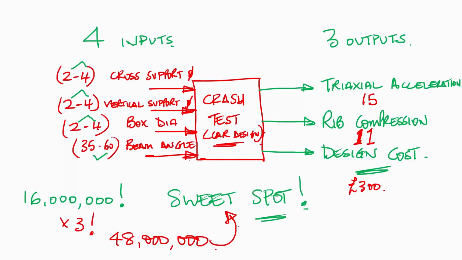Now, for those of you that haven't seen DOE before, exactly what was going on? Well, it's very simple. There's a set of tests that should be done. So if we talk about, this was the cross support. So this is variable 1. The tests that were done were at the extremes, at the 2 and the 4.